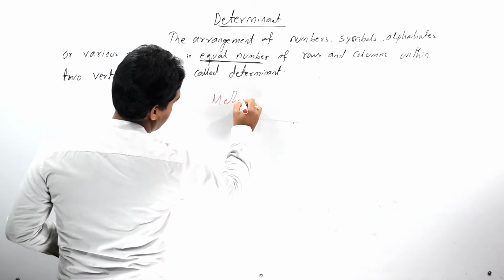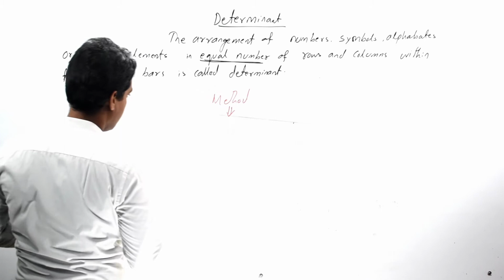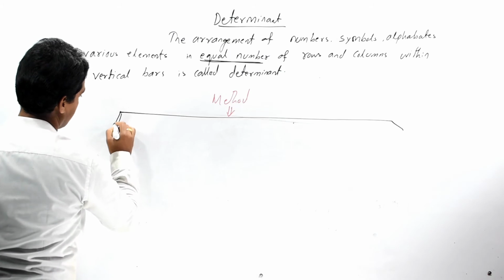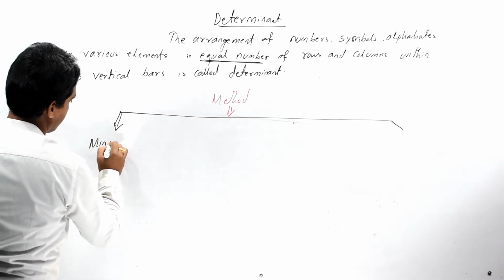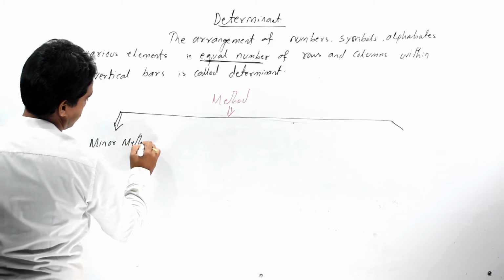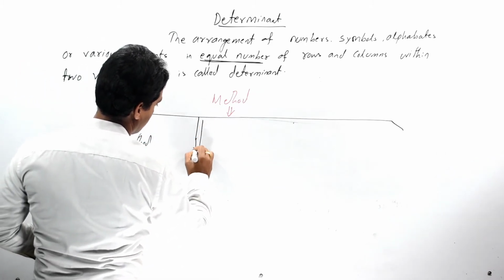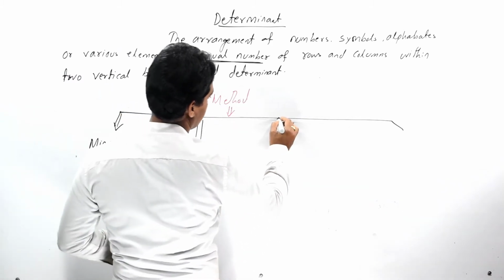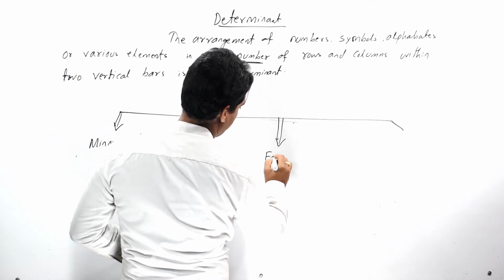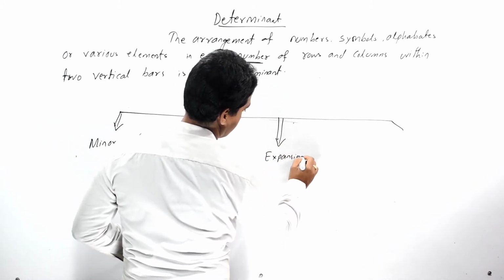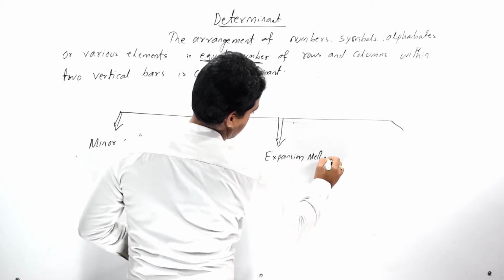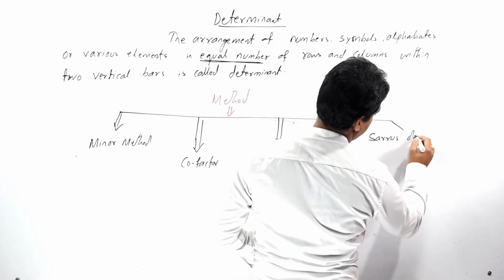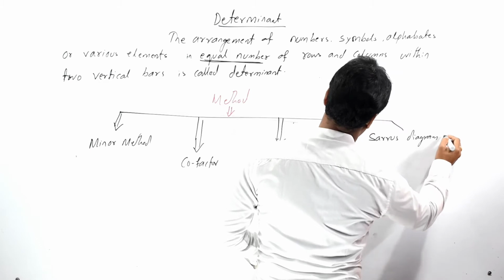Generally, there are 4 methods used to find the value of the determinant: the first is the minor method, the second is the cofactor method, the third is the expansion method, and the fourth is the Sarrus diagram method.